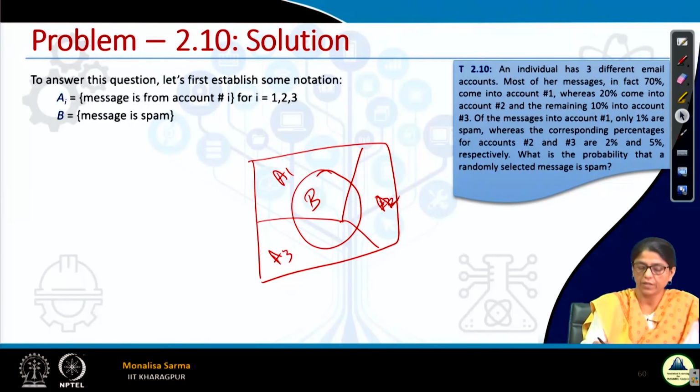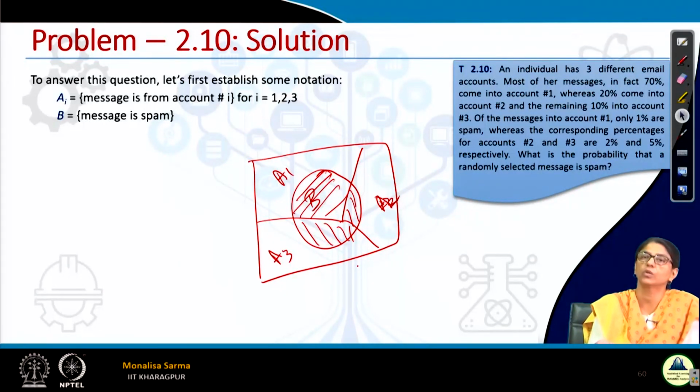A1, A2 and A3, and what is given for the intersection of A1 and B? Intersection of A1 and B is 1%, intersection of A2 and B is given 2%, A3 and B is given 5%. This intersection is given. Whole A1 is given how much, whole A2, whole A3 is given how much.